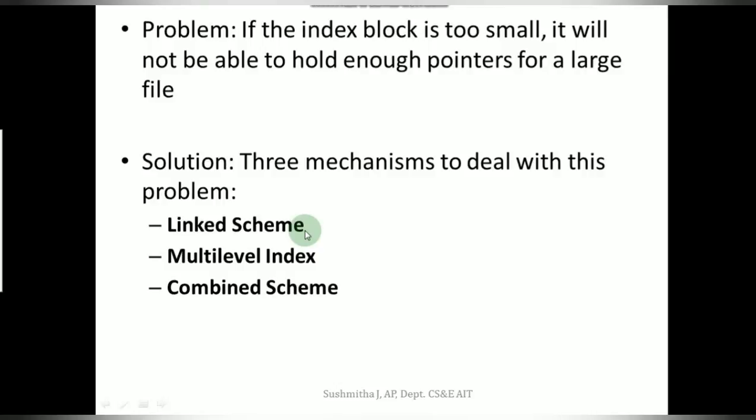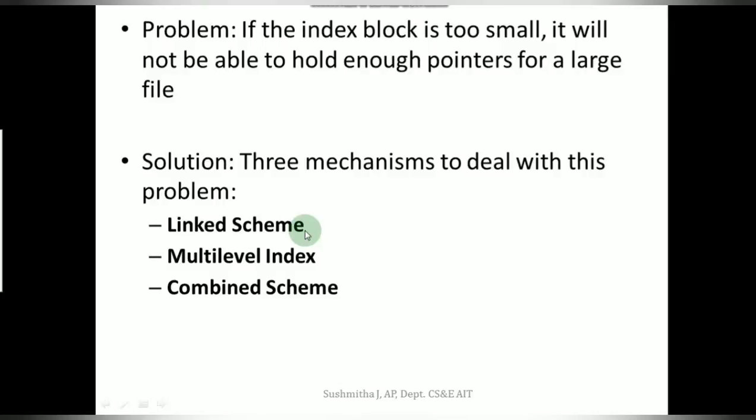If two or more index blocks are used together for holding the pointers, every index block would then contain a pointer or address to the next index block. So to allow a very large file or too many entries of the index block, we link it with several blocks.